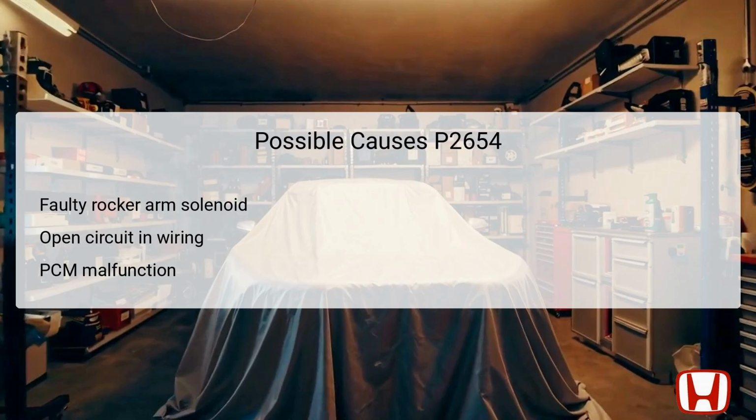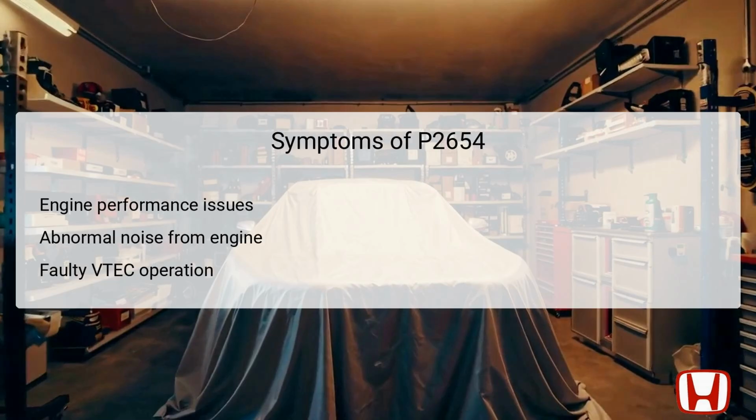The symptoms related to DTC P2654 can significantly impact the vehicle's performance. Drivers may notice a decline in engine performance, which could include reduced power output and increased fuel consumption. Additionally, abnormal noises coming from the engine may arise due to improper VVT operation.